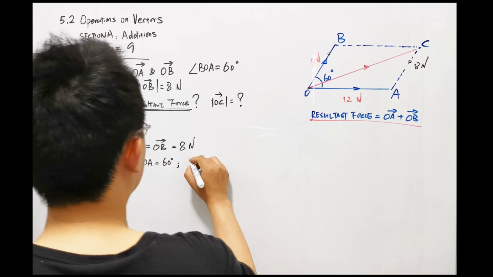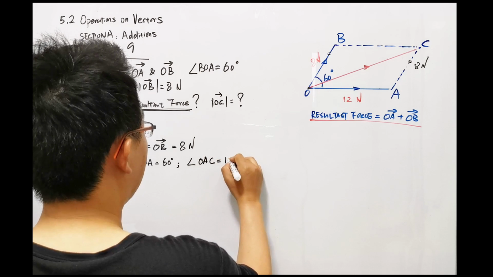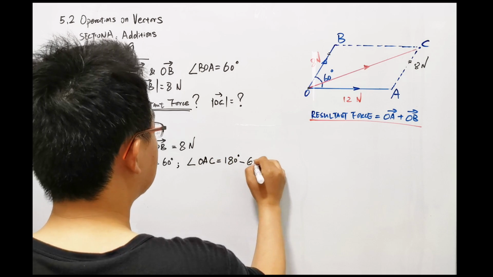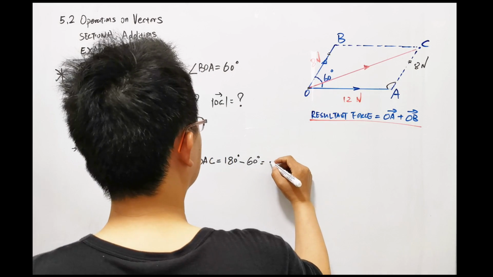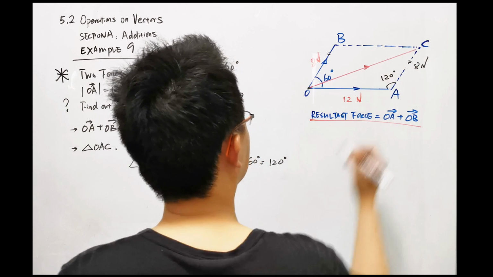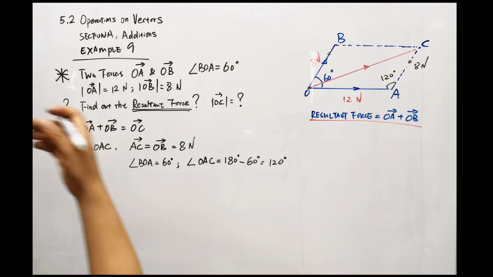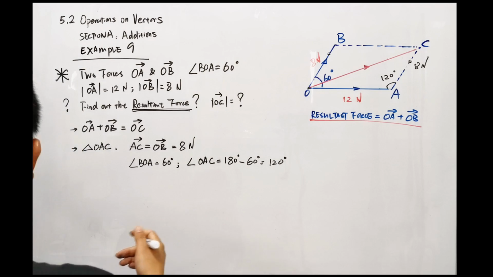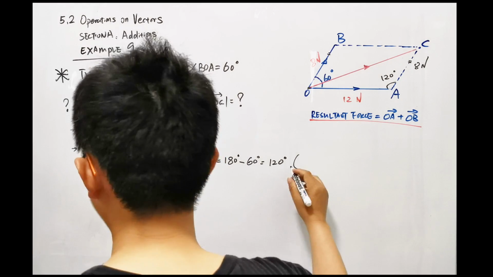So then we can find out their angle. Okay, OAC equals to 180 degree minus 60 degree. So this is how much? This is 120 degree, right? Okay. It's because we use this triangle.